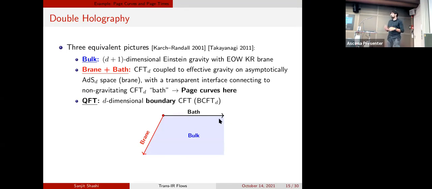So I have this brane plus bath picture where there's just CFT matter living everywhere on the brane and on the bath with a transparent boundary between the two. And I also get gravity, which localizes to the brane. I can also further dimensionally reduce this to just a QFT that has a codimension 1 defect, that is this red dot here. So that's going to be a BCFT, and the equivalence between that and the bulk perspective is the AdS/BCFT correspondence.